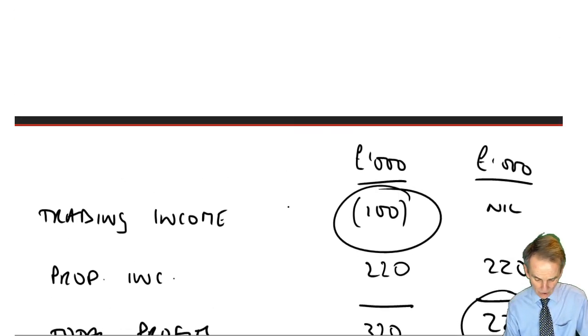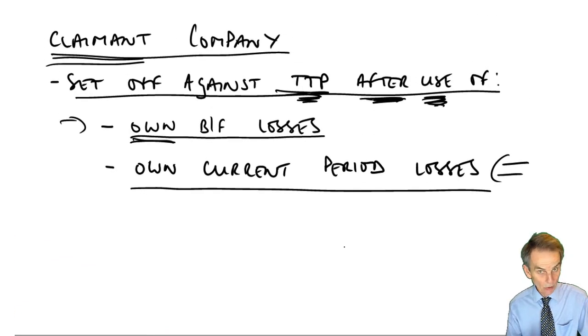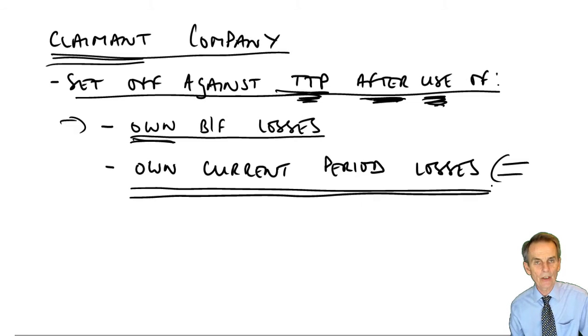So the note that we've just seen says, when we bring in to this claimant company, this profit-making company, it's got a TTP of 220,000. When we bring in the loss from the surrendering company in the form of a group relief claim, that can only be after any deemed use of its own current period losses.